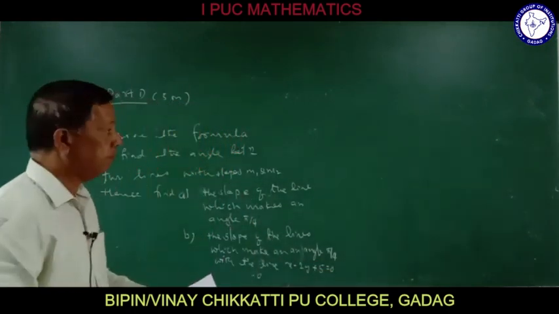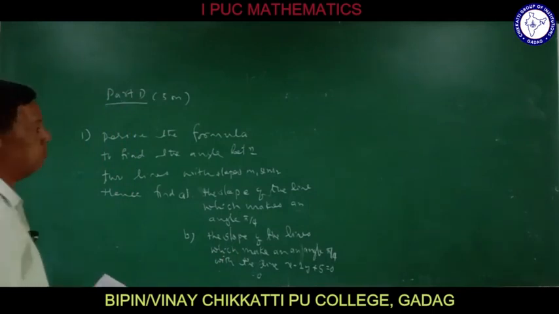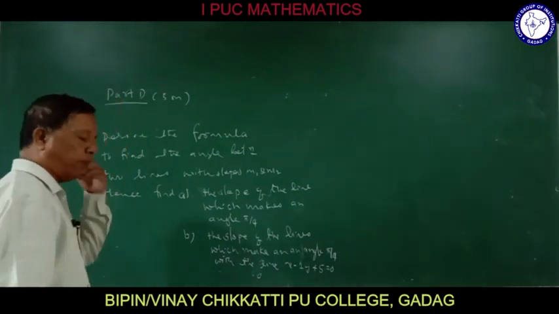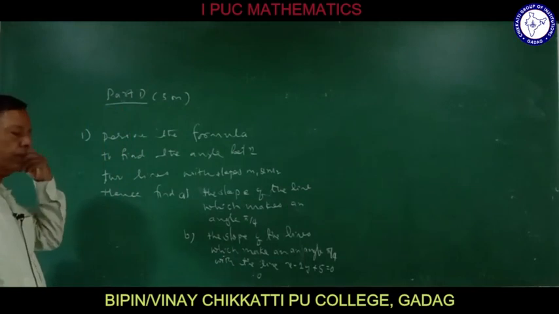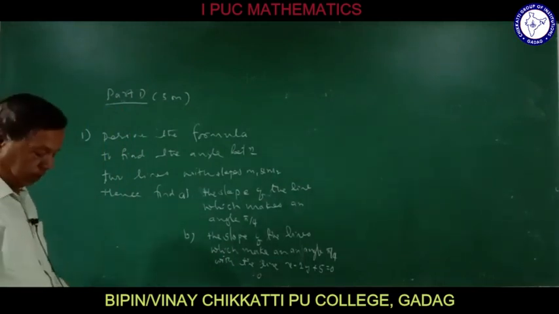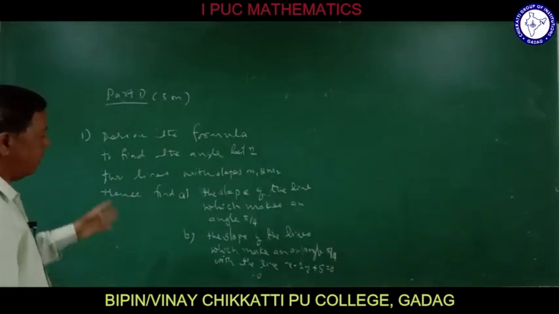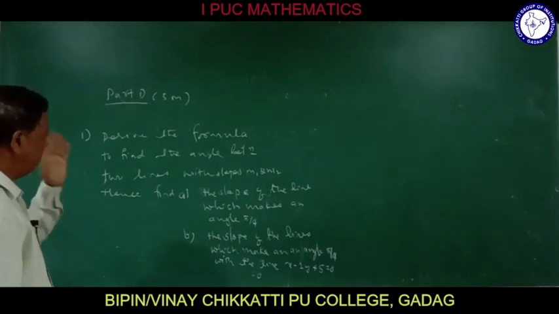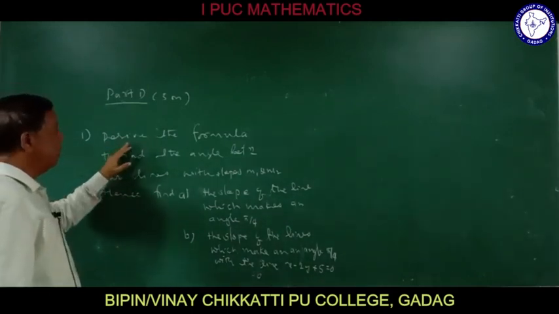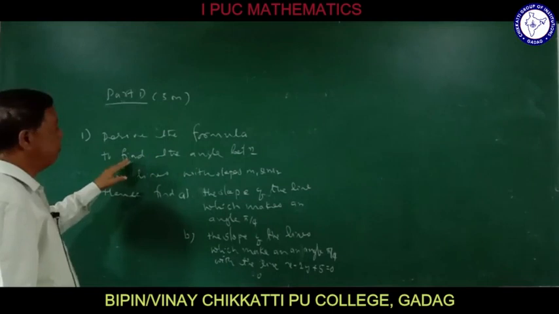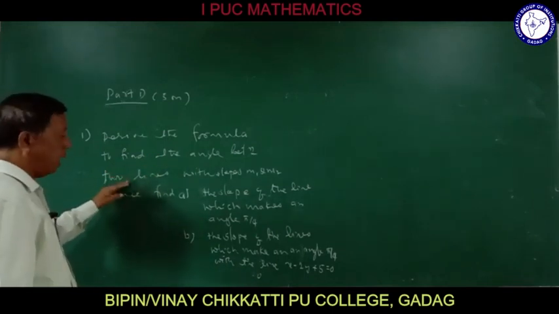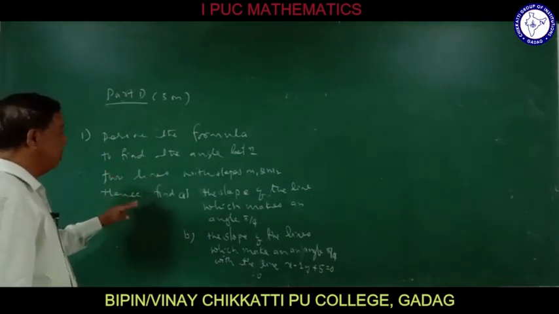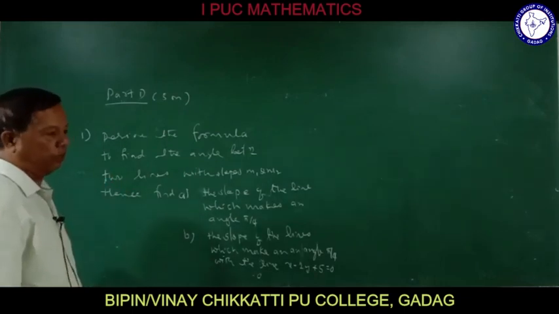See this question, there are 3 possibilities for 5 marks. In the examination, they may ask only: derive the formula to find the angle between the 2 lines with slopes m1 and m2, finish.